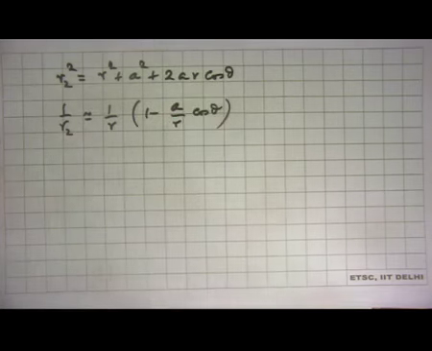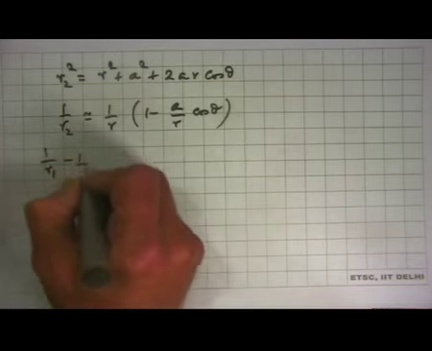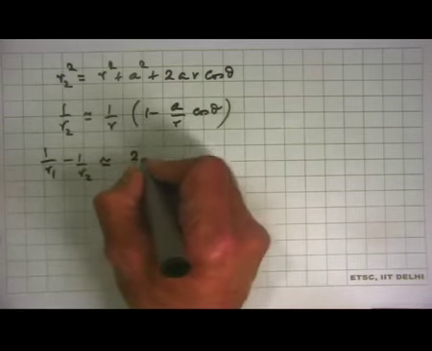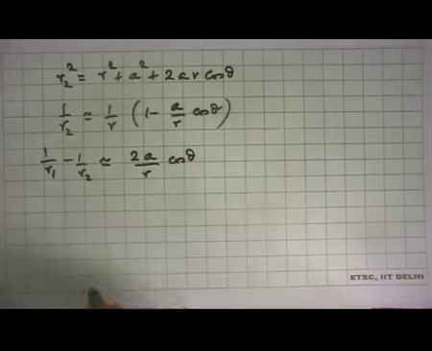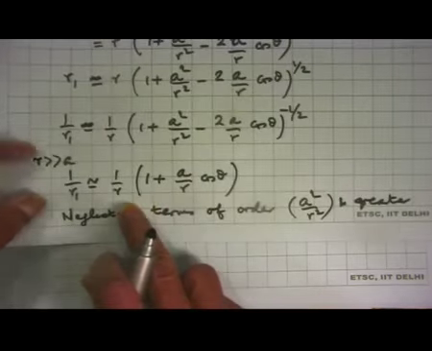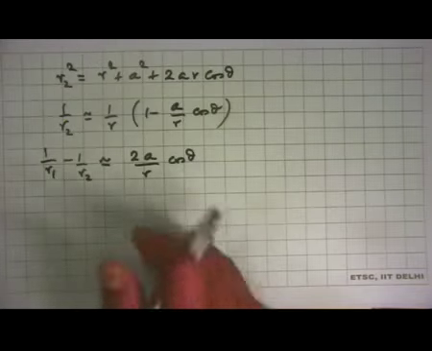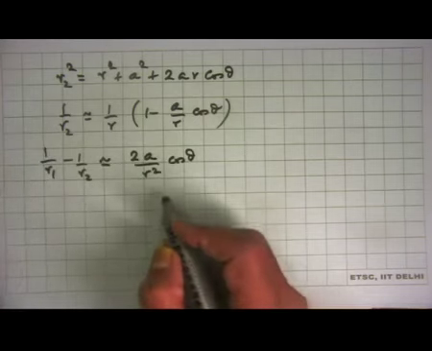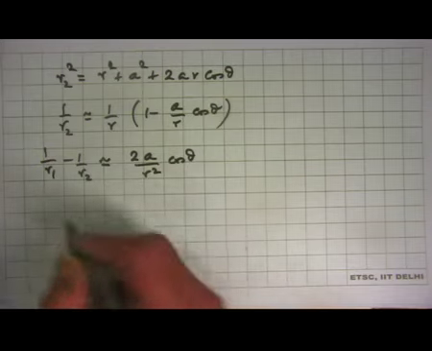So, 1 by r1 was 1 by r plus a by r square cos theta, and 1 by r2 was 1 by r minus a by r square cos theta. When I subtract 1 by r2 from 1 by r1, I get 2a by r square cos theta.